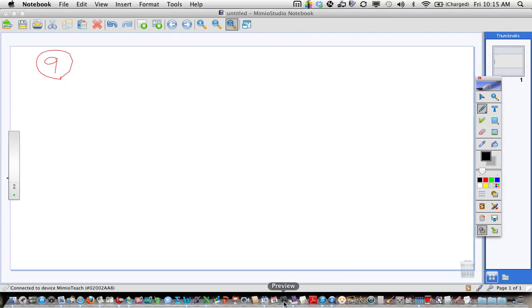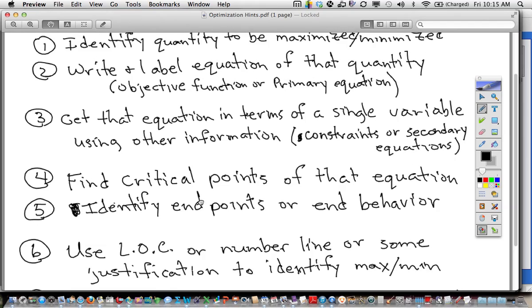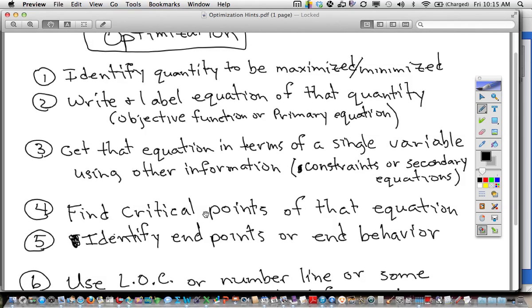Because if you look at the steps we talked about the other day, in step 3 we say to get the equation that we're trying to optimize in terms of one variable. Well, you could eliminate step 3 and replace it with doing the derivative with respect to one of the variables, like x, implicitly, and use the secondary equations and do their derivatives as well.